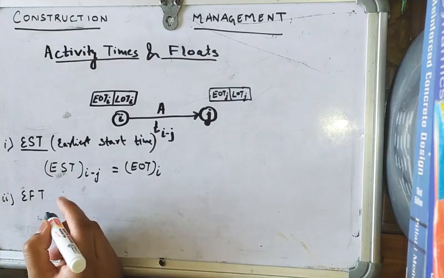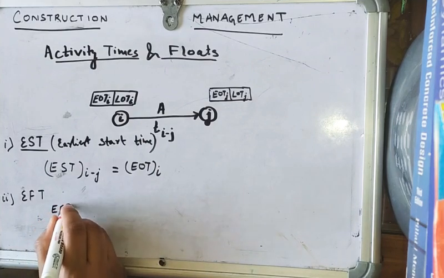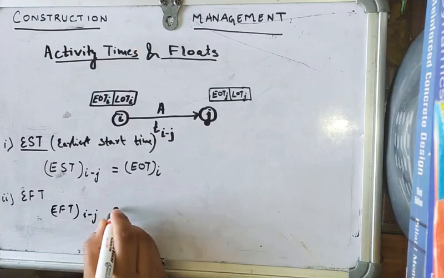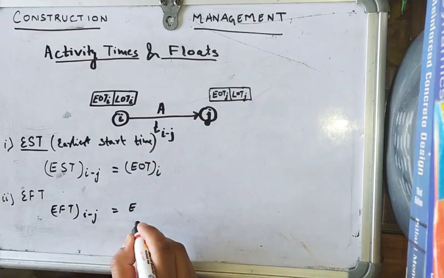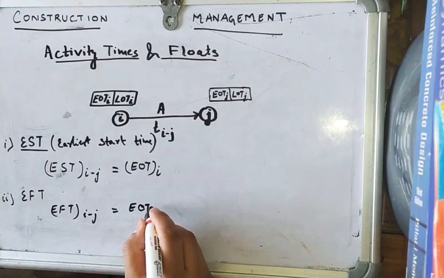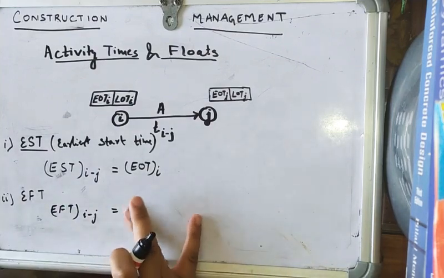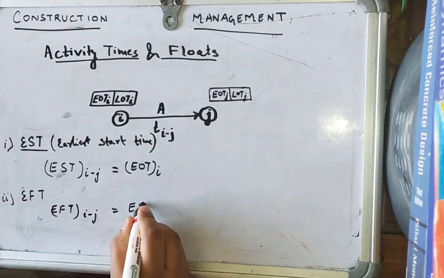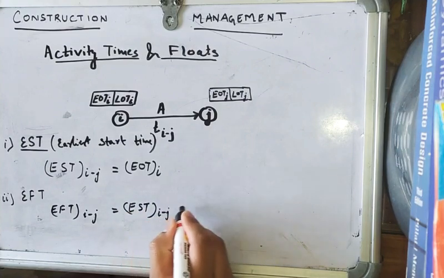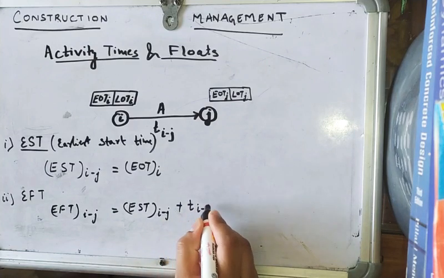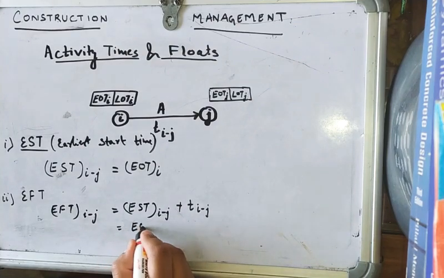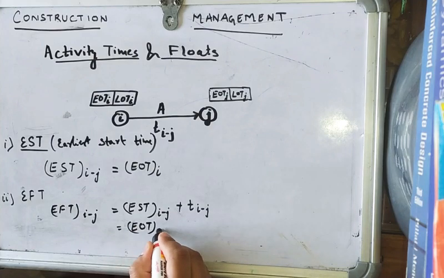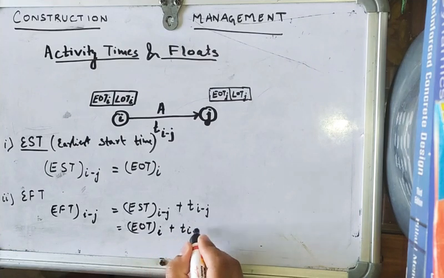The earliest finish time of activity ij will be the earliest start time for activity ij plus the time taken by this activity, or we can say the earliest occurrence time of node i or event i plus tij, that is the time taken by the activity.